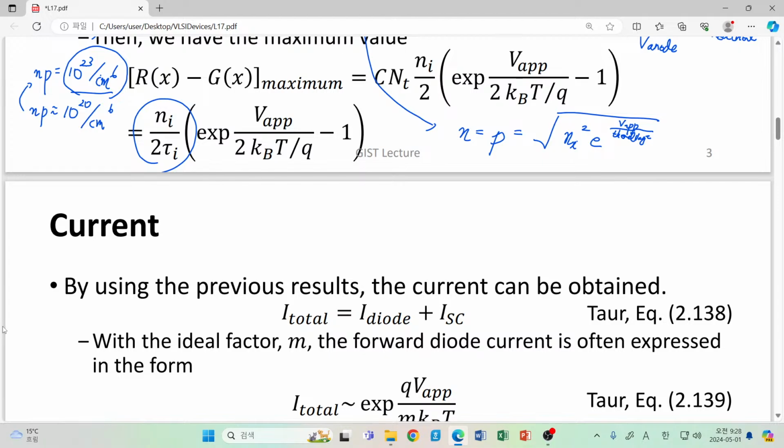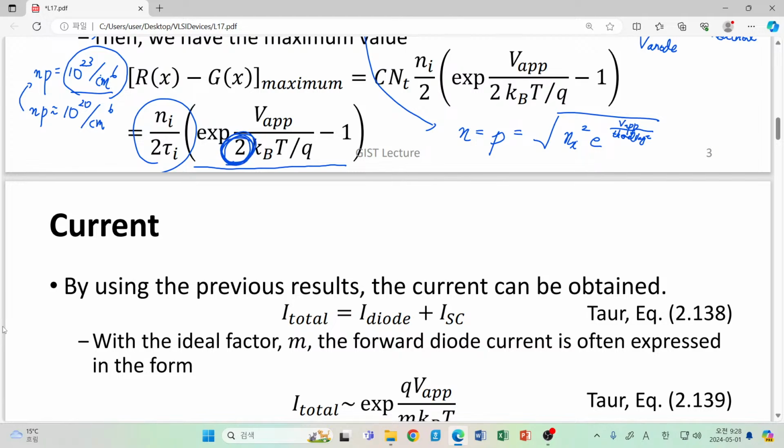Please concentrate on this functional form, the dependency on your applied voltage. You can find that it looks quite similar, an exponential of our applied voltage, but please note that there is a significant difference here.